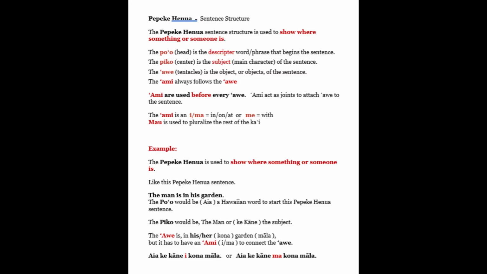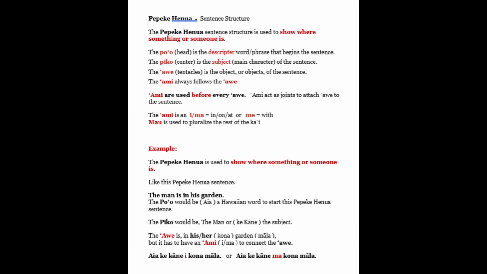That's the Hawaiian word to start this Pepeke Henua sentence. The piko would be the man, or ke kane, the subject. The ave is in his or her, which is kona, garden, mala. But it has to have an ami, I or ma, to connect the ave. So this is how you would say this Pepeke Henua sentence: the man is in his garden.